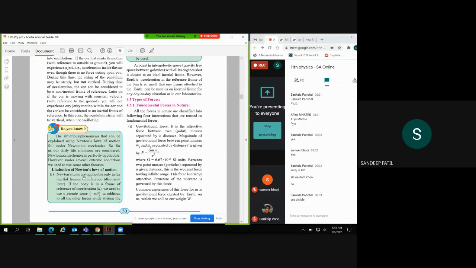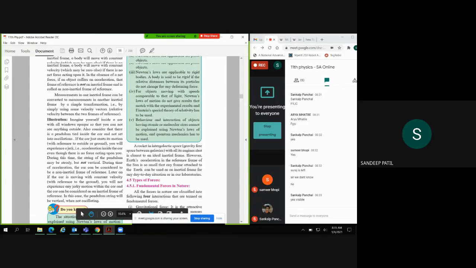Newton's laws are applicable only in the inertial frame of reference. We discussed last time the inertial frame of reference. If the body is in a frame of reference of acceleration a, we need to use a pseudo force, that is minus ma, in addition to all other forces while writing the force equation.